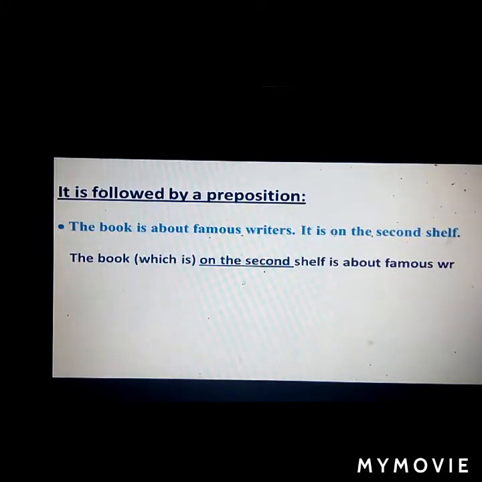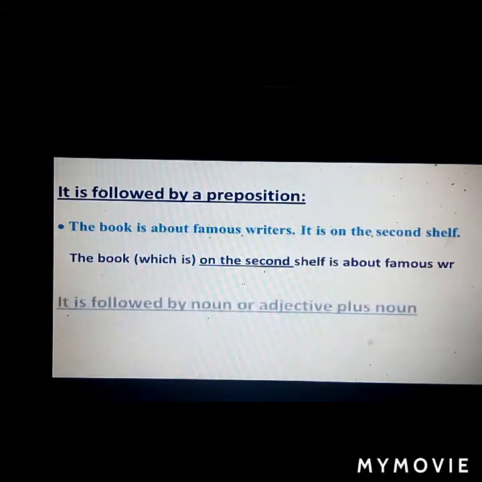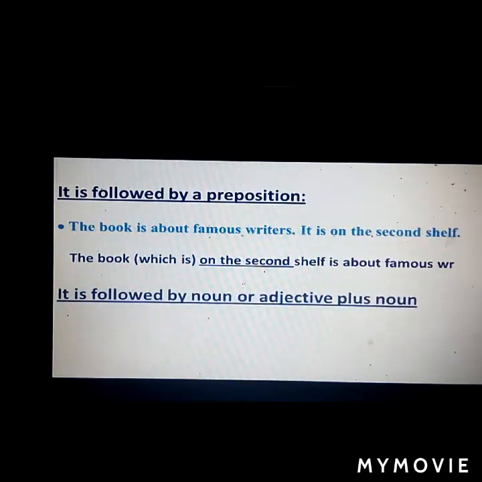Here on the second is a preposition. So as long as there is a preposition after which and after the verb to be, which is is, I will delete which is. The sentence becomes: the book on the second shelf is about a famous writer.